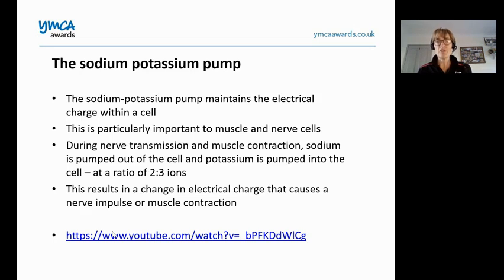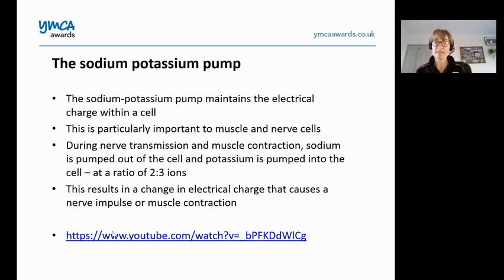So this sodium potassium pump works both in muscle and in nerve cells. So it's an important one to remember because we need to think of it for lots of the functions we think about, both for sports massage, for personal training, gym instructor, all of these things.